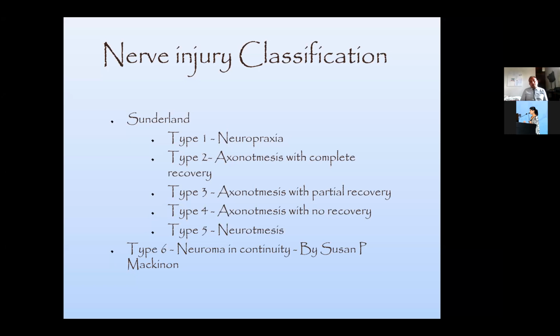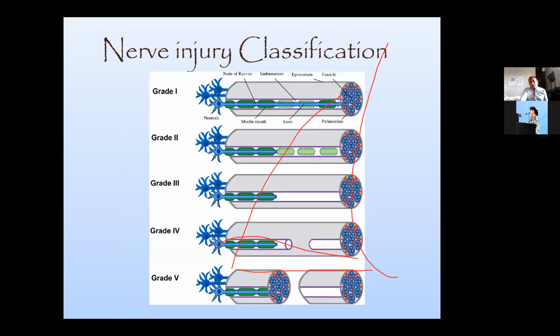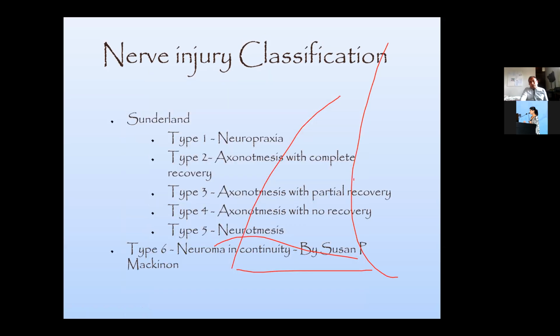So they definitely need surgical intervention. So there is another type which is described by Susan Mackinnon as the neuroma in continuity. I'm not going to detail that, but it's important to say that. So this is the diagram, and this is the prognosis.